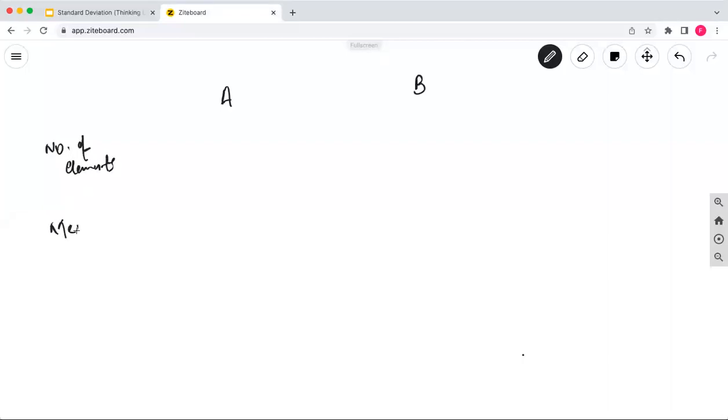This is the arithmetic mean, and this is the variance. We consider a case in which the number of elements in B is twice the number of elements in A. So I consider this as n, and this is 2n. The mean is equal, which is m, and the variances are 26 and 59.